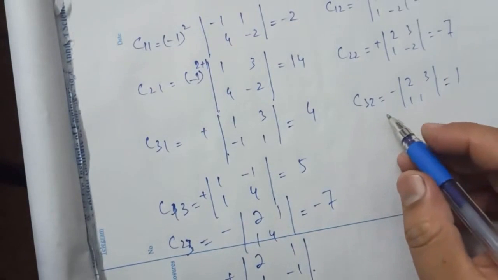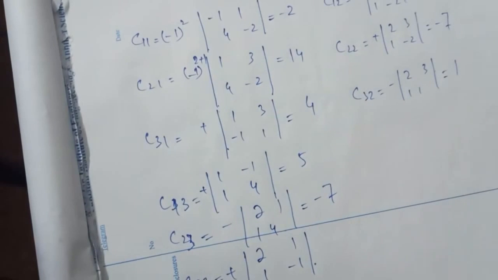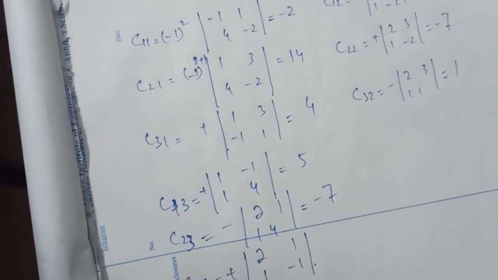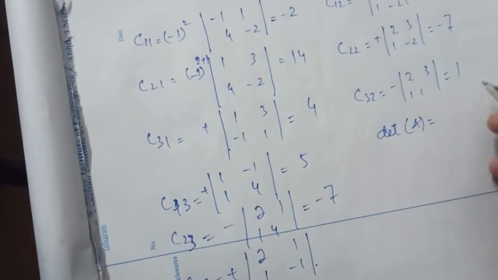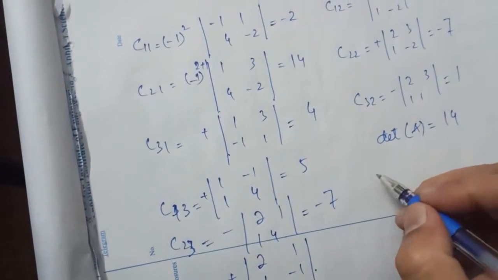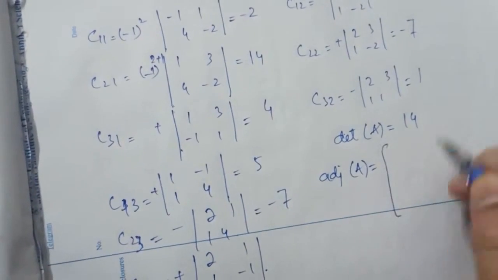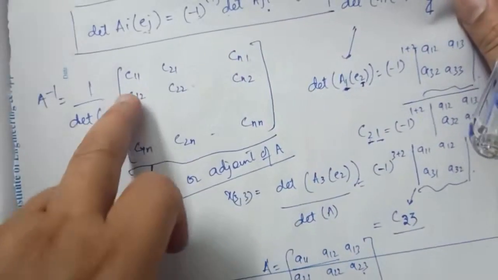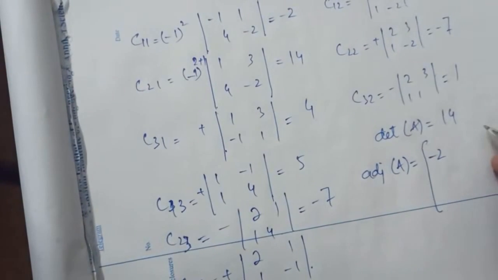So we know the determinant of A is equal to 1 over 14. Determinant of A comes out to be 14, and so the adjoint of A, from that formula, is this: C11, C12, so that comes out to be minus 2, right?